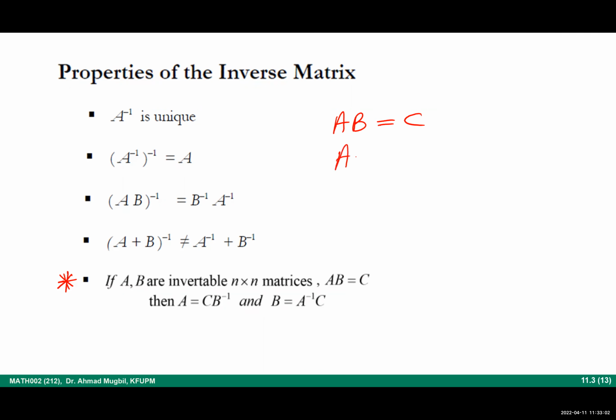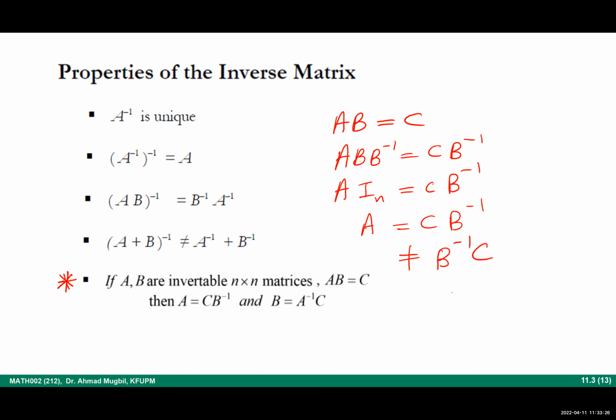For A, if you multiply both sides by the inverse of B, you will have A multiplied by the identity equals C multiplied by B inverse, because B times B inverse is the identity. They are N by N matrices. And A times the identity is A. And be careful, this does not equal B inverse C in general. So be careful, it makes a difference. So A is C B inverse.